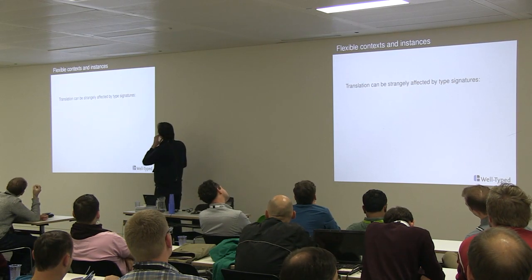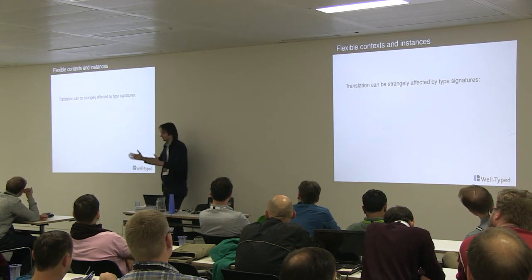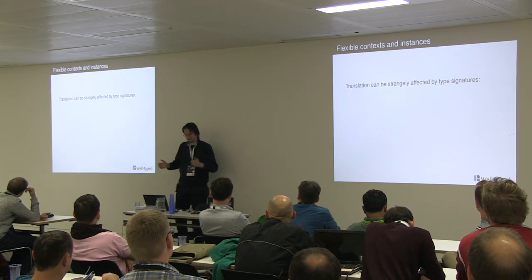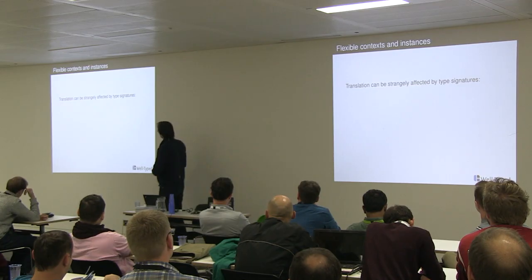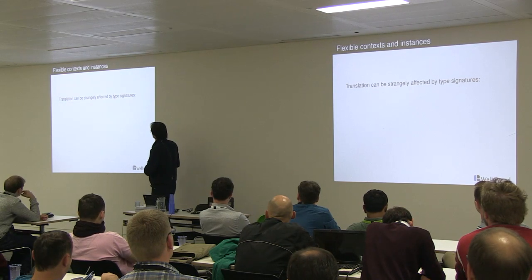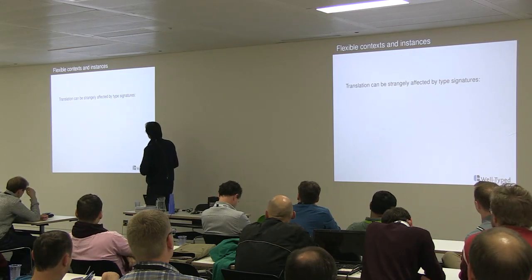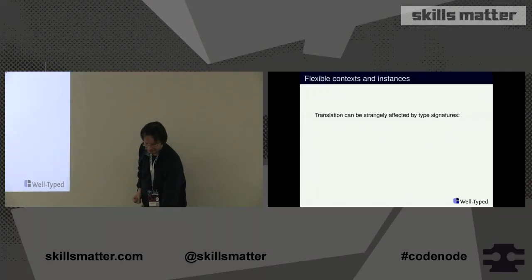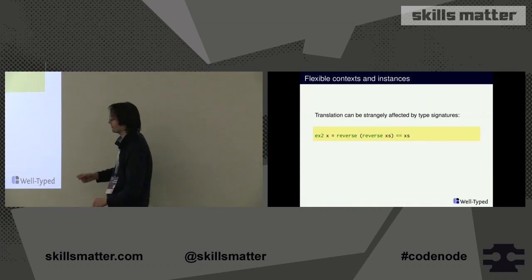Flexible contexts and instances lift all the restrictions on how instances, classes, constraints and type signatures can look. But that can actually have rather strange effects, as we can show here.